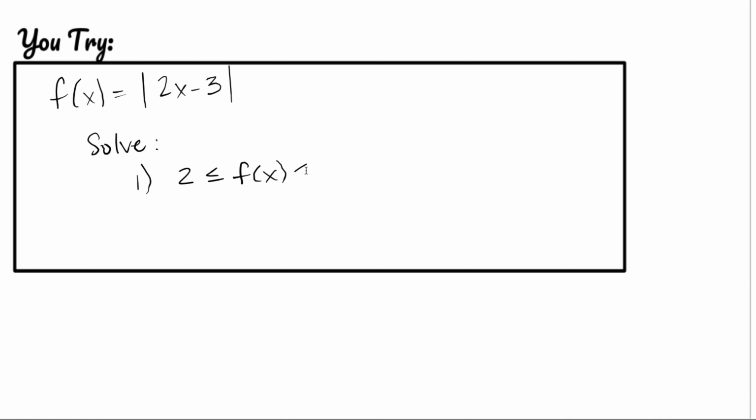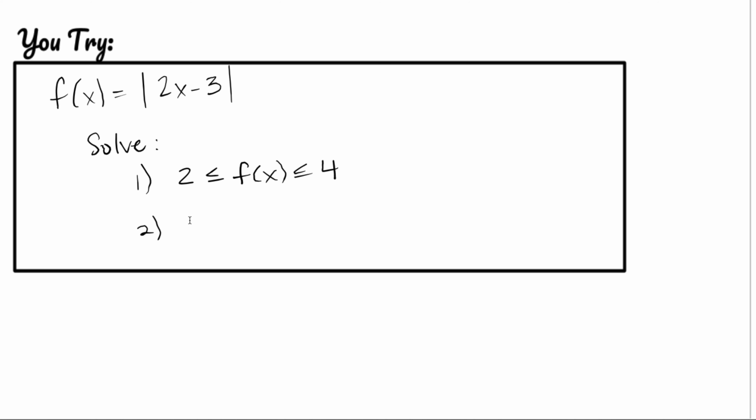Now I want you to try using Desmos to graph f of x is equal to the absolute value of 2x minus 3. And once you graph that in Desmos, I want you to solve graphically 2 different problems. 2 is less than or equal to f of x less than or equal to 4, which means when is the output of that function between 2 and 4?